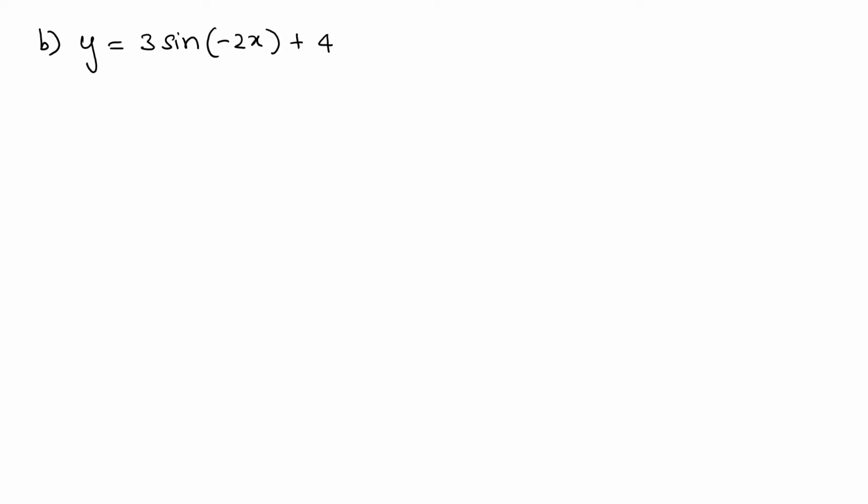As the next one, we have y equals 3 sine of -2x plus 4. We have four things going on here. The first one is the number 2. That's going to shrink the graph horizontally 2 times.